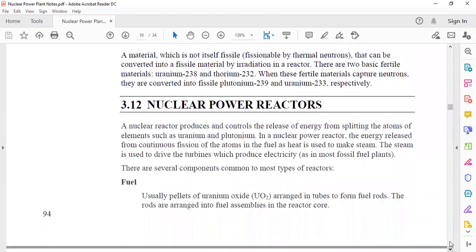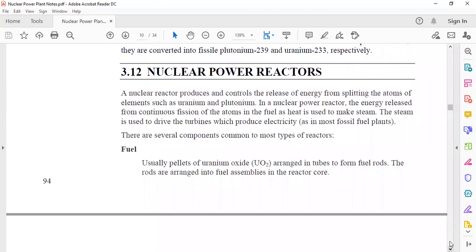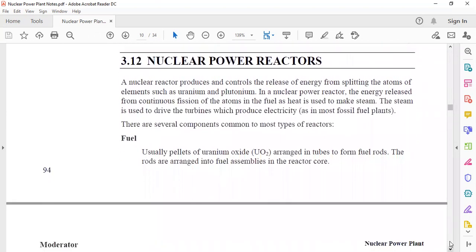Let's move further to the nuclear power reactors, where the nuclear energy is released by nuclear chain reactions, and that energy is absorbed by the coolant, which is then utilized to convert water into steam.